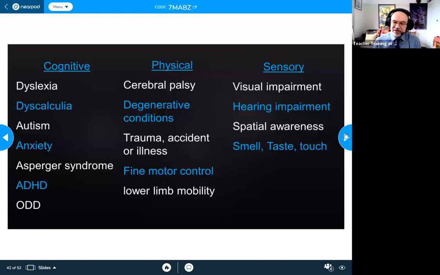So under cognitive, things that would impact on a student's ability to process new information is dyslexia, by far the most common right the way across the entire college. And that can manifest itself in lots of different ways. So it needn't necessarily always be about reading and writing. It can be about organizational ability and structuring as well.